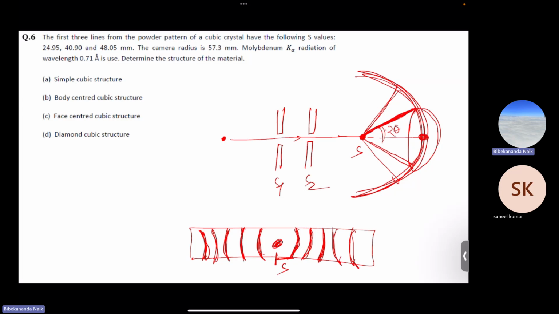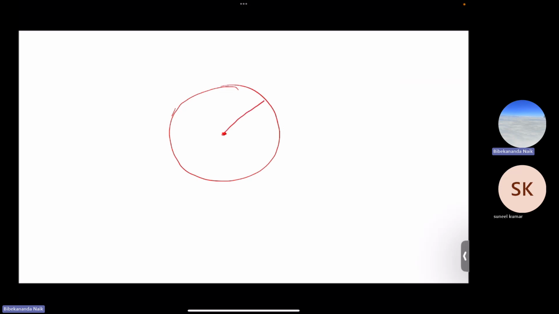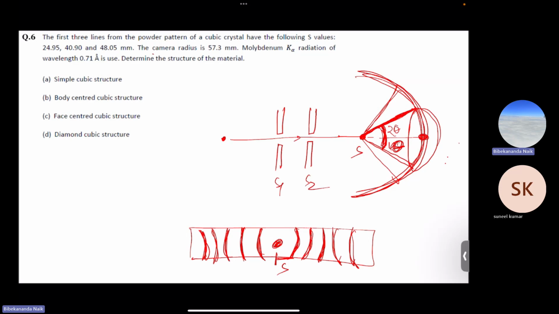Suppose this is 2 theta, so the total angle is 4 theta. Suppose this is a circle, then this is the center, and this is R. This R is nothing but the camera radius.